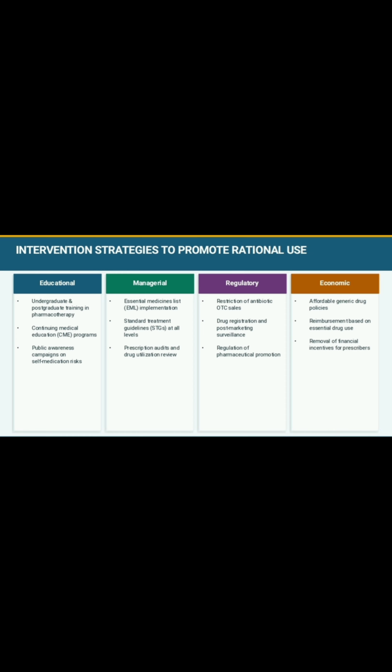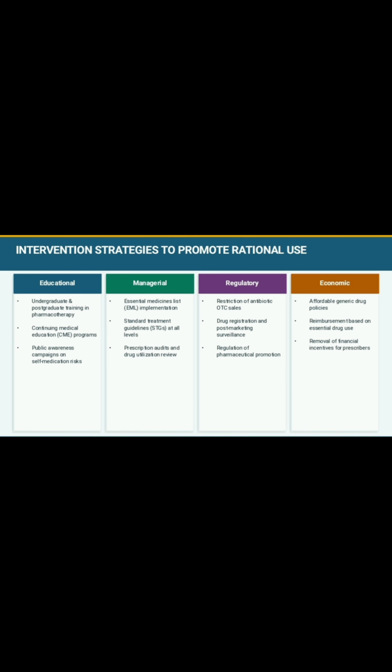Third is regulatory intervention. First is to restrict over the counter drugs. Without prescription, no drug will be given to any patient. Drug registration is an important factor, and for the sale of drugs there should be licensed premises, a licensed authority, and a licensed, competent person in the shop or pharmacy.